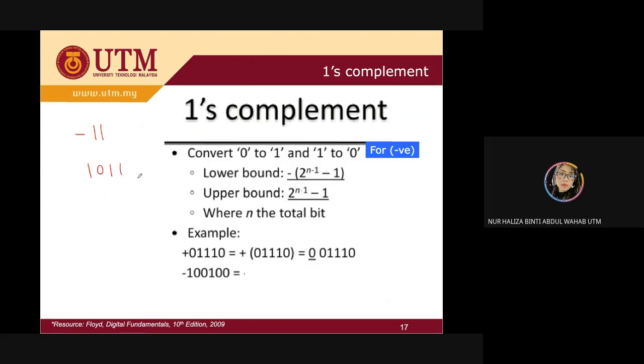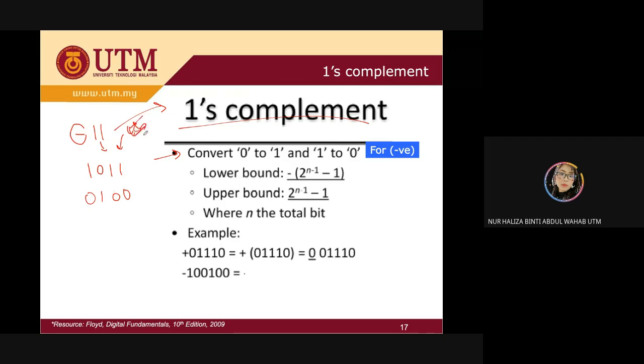This is my value of 11, but I know that this is a negative number. And for a negative number, I want to change using my first complement. Directly, if I want to apply this one, I will always directly change it. It will be 0100. If it mentions 4 bit, you just do this.